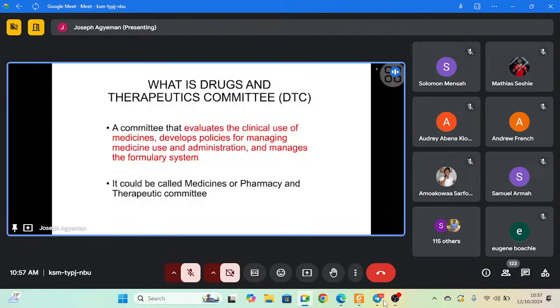A formulary, like the British National Formulary, is a list of medicines that are going to be used by a certain hospital or all the hospitals within a district. The Drug and Therapeutic Committee develops those formularies.